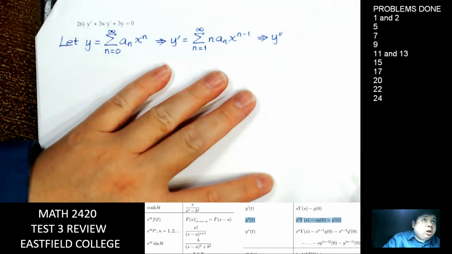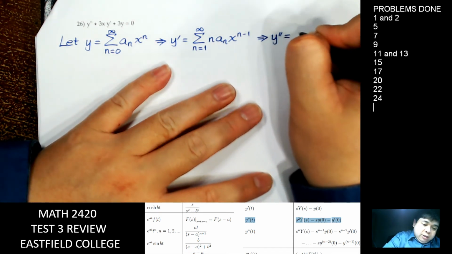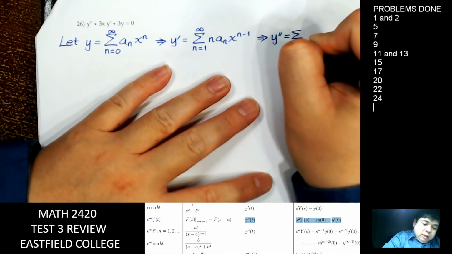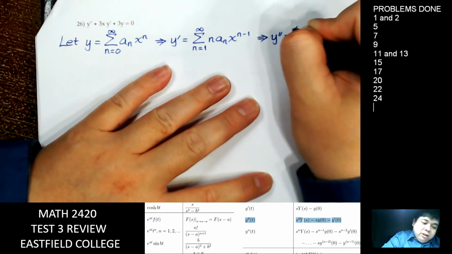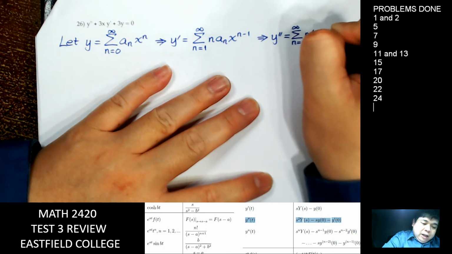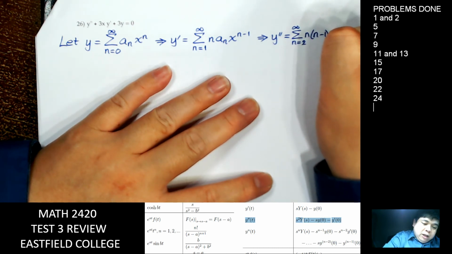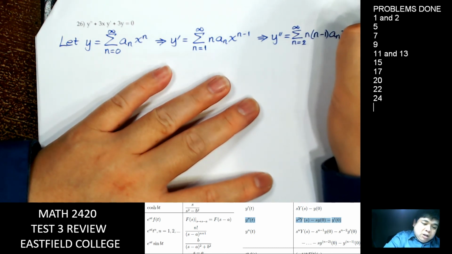Then we check the second derivative. That should be n times n minus 1 a_n x to the n minus 2.